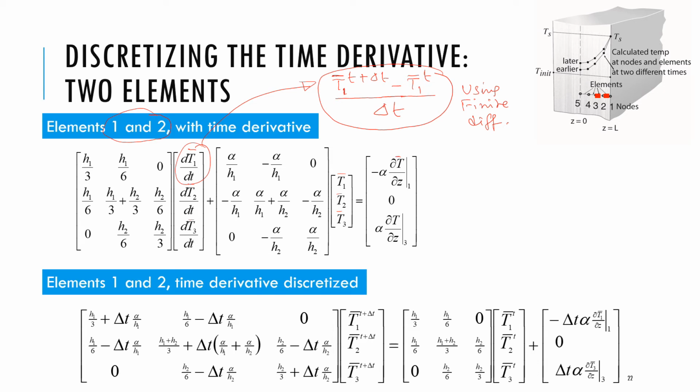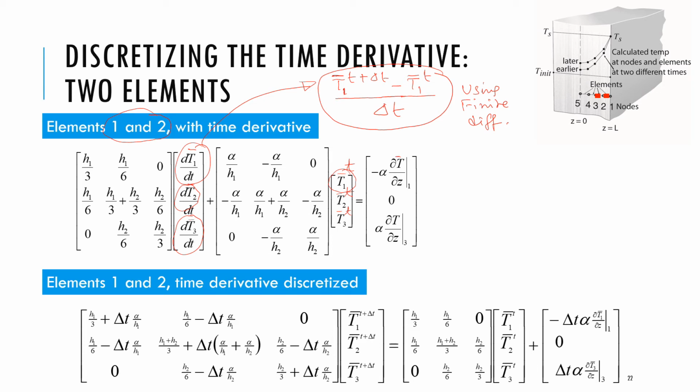So if I write all of the derivatives this way and then simplify, notice that we already have temperatures in there. Okay. And those temperatures, let's say we assume them to be at time t.